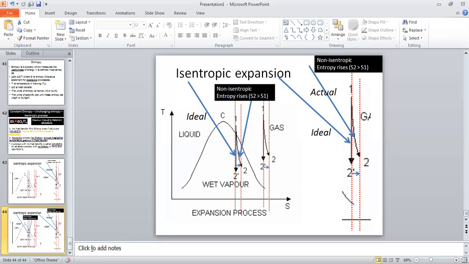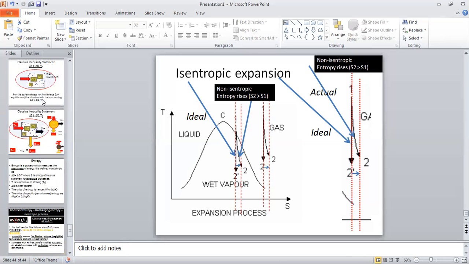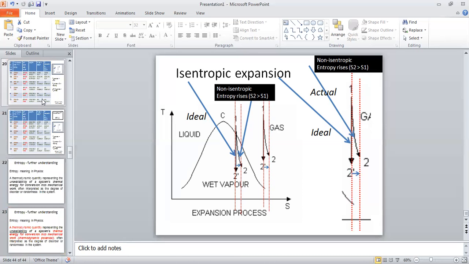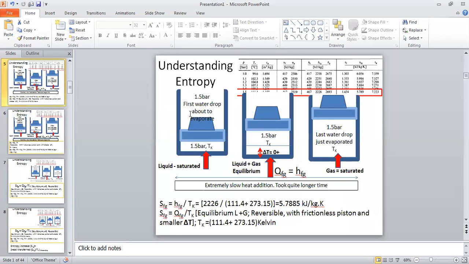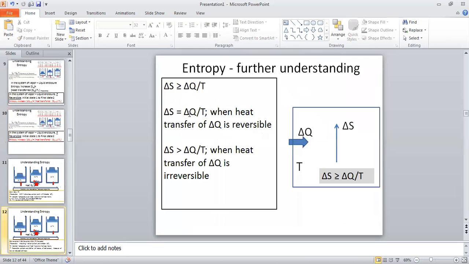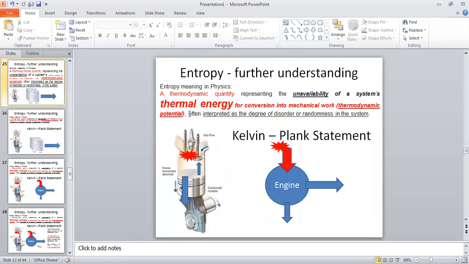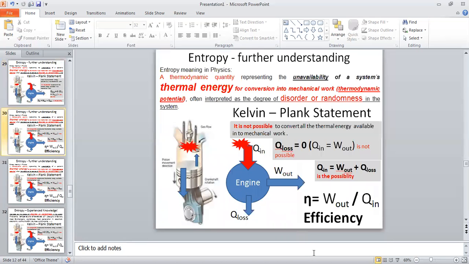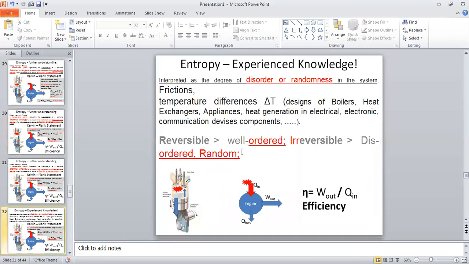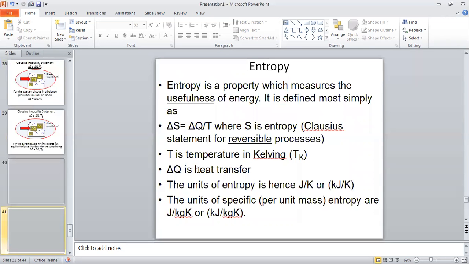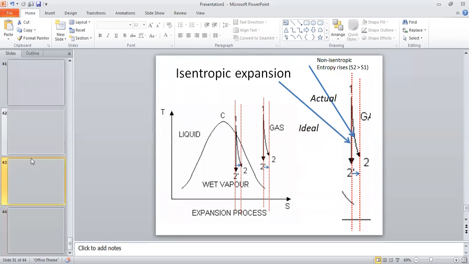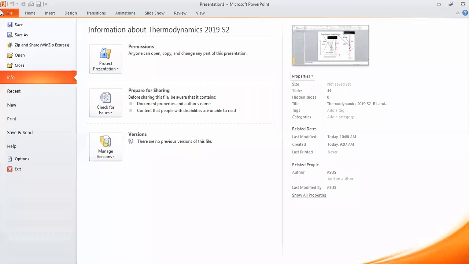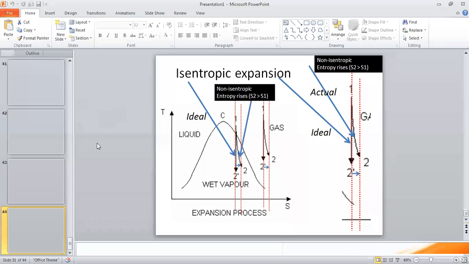Not to say too much to you, but through all these slides, I have explained this. So understanding basic entropy knowledge is extremely important. No two words. Let me save this.